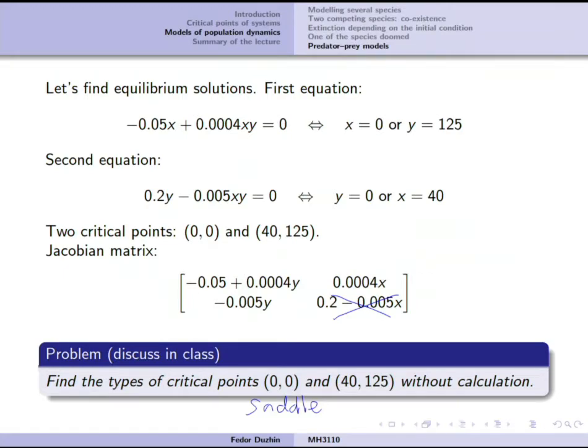And 125 was actually a solution of this equation. So the numbers 40 and 125, the way that we found them is because these two entries of this matrix are actually zeros. So the matrix becomes like this: 0 here, 0 here, positive number here, negative number here, and of course this is a center.